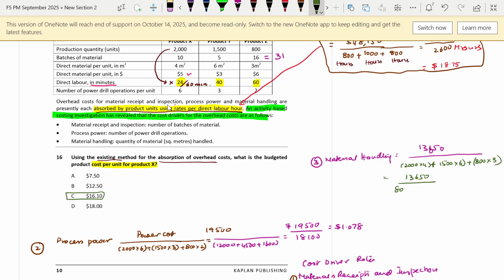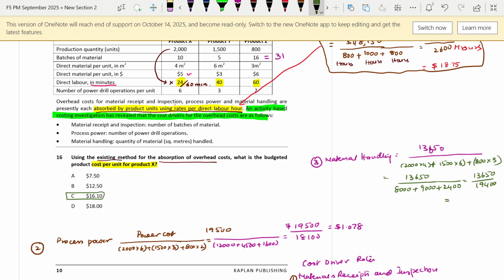8,000 plus 9,000 plus 2,400. 5,400. 13,650 divided by 19,400.